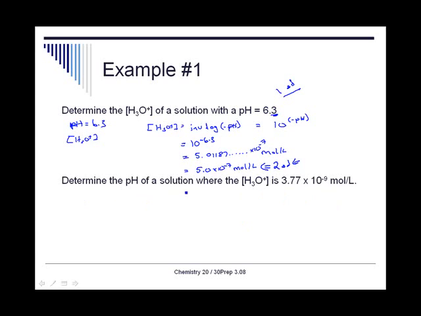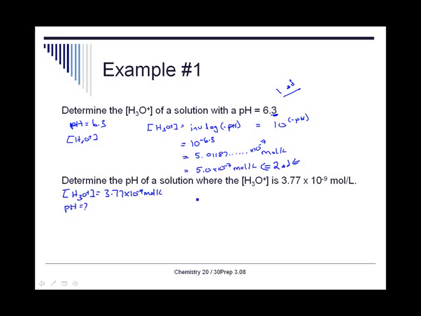We want to determine the pH of a solution where we have a concentration of hydronium ions of 3.77. So we've been given the concentration of H3O+, we want to find pH.